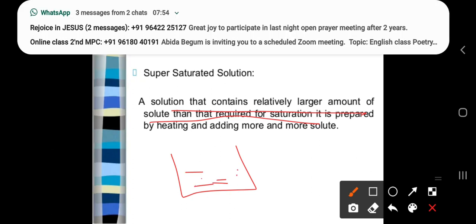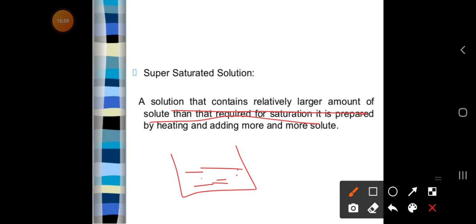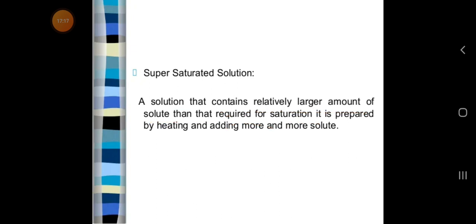Here we add 50 grams to the water and it forms crystals. When you heat this compound, it becomes soluble. That we call a supersaturated solution.